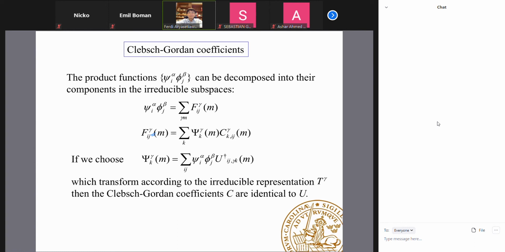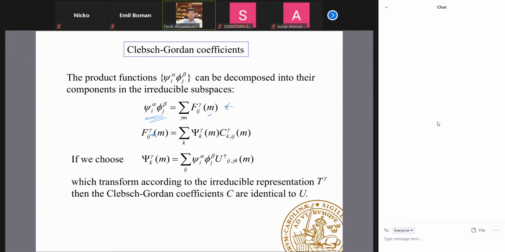We know from what we had last week that we can always decompose given functions into their irreducible components. So if we take a particular product like this, we can always decompose the functions into the irreducible components like that.